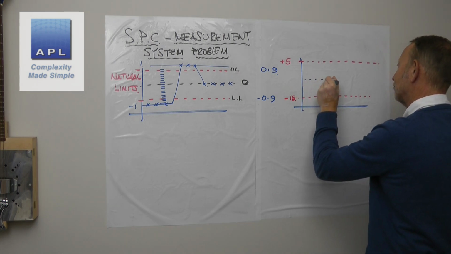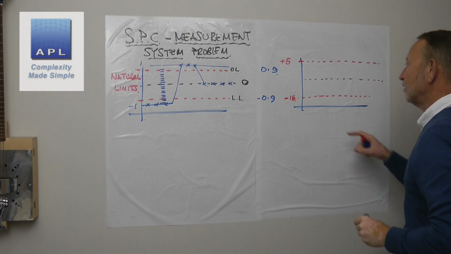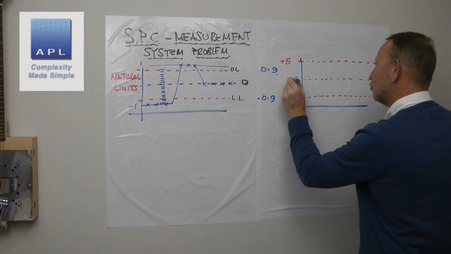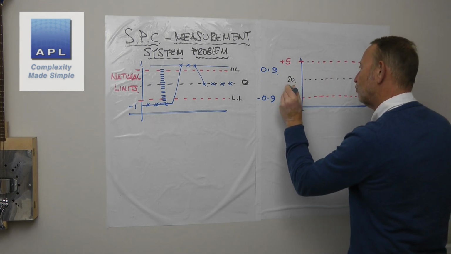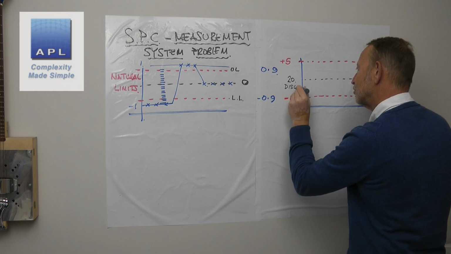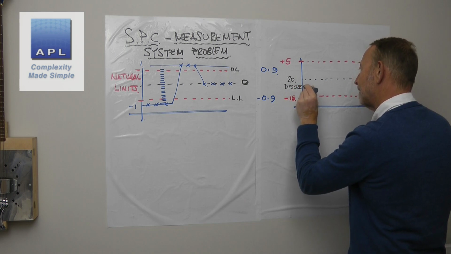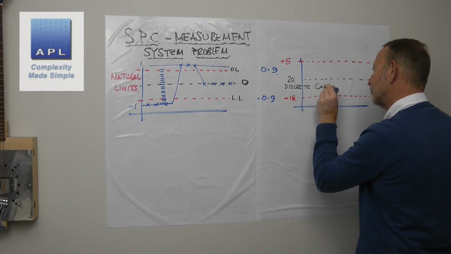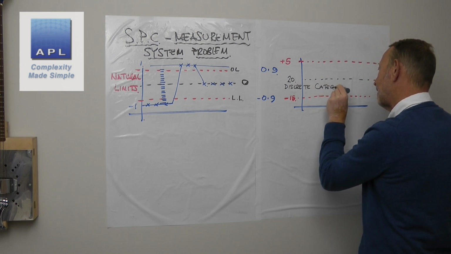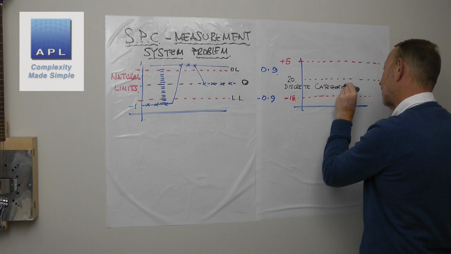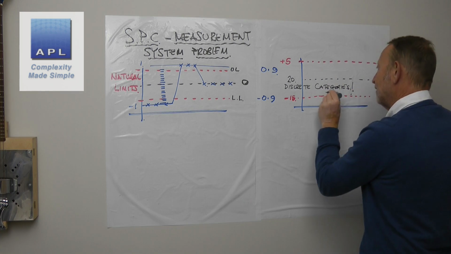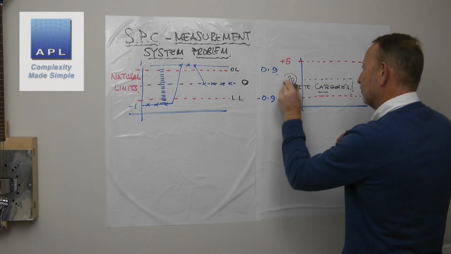Got the average going through the middle here. But you've got, of course, what's known as discrete categories. And you've got 20 of them.